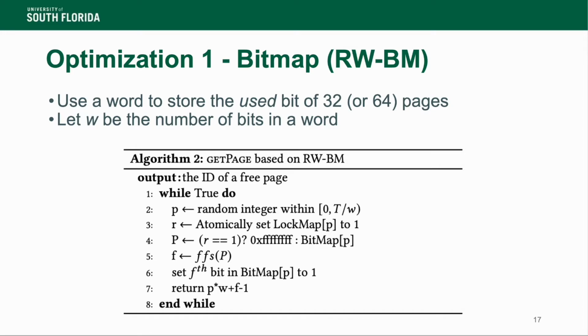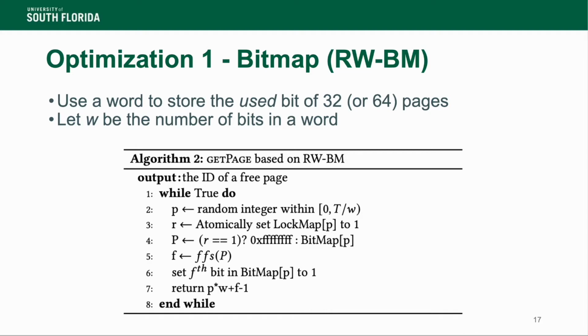So the first optimization technique is called bitmap. In each step of get page, each thread visits one page at a time, and so it can take many steps to find a free page, especially under a low A/T ratio.